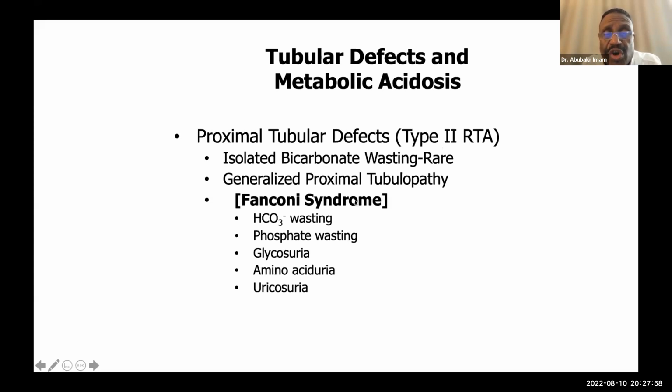And the Fanconi syndrome is the presentation. To have it just for the bicarb is not that common, but to have it together, Fanconi is wasting of bicarbonate and phosphate wasting, and our patient who we discussed had low phosphate in the blood.